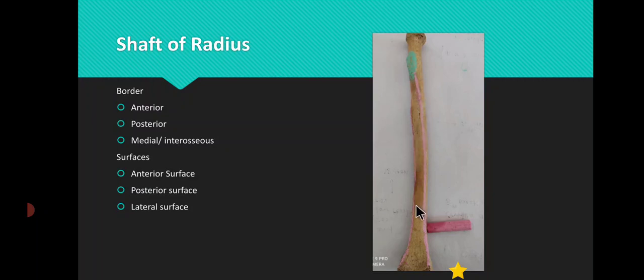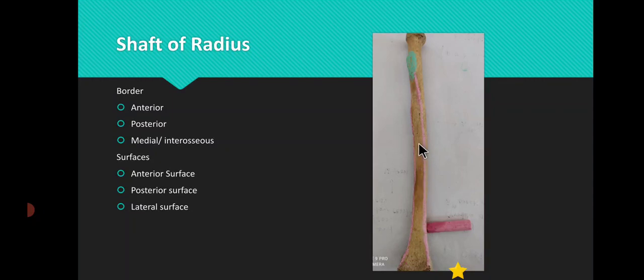The lower part is vertical and extends as a prominent ridge in the distal fourth of the shaft, and it is continuous with the anterior border of the styloid process of the lower end of radius.